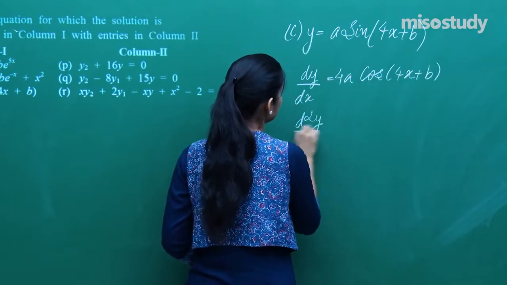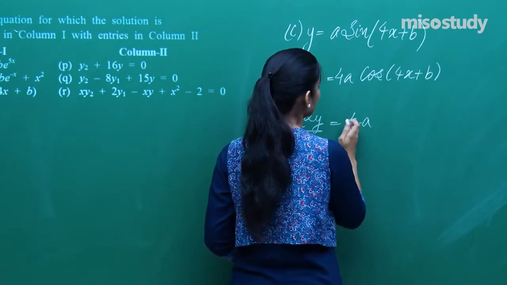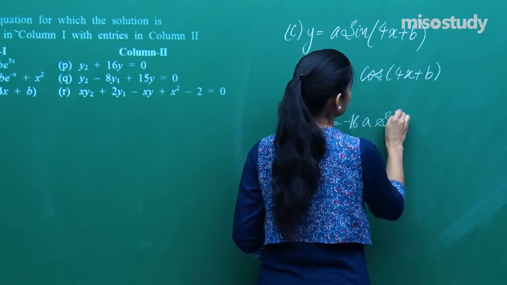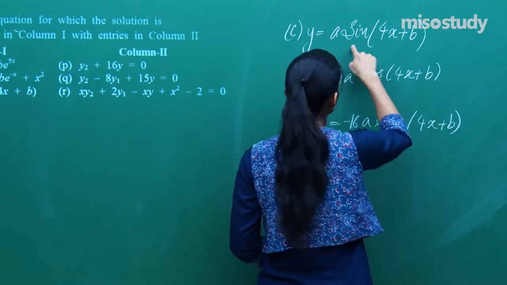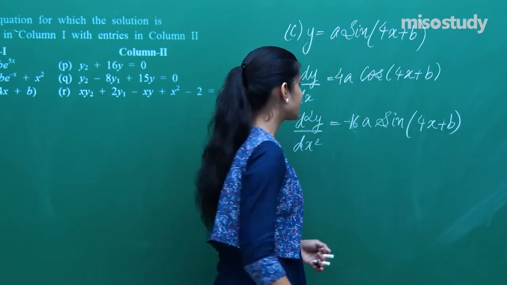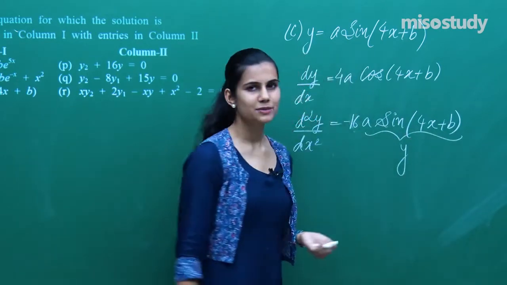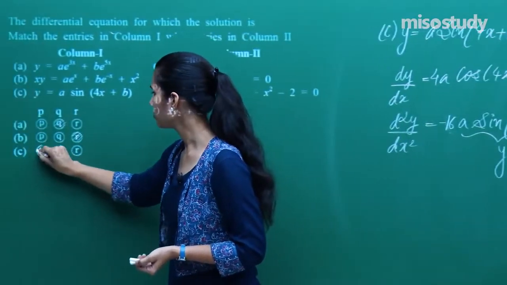Next again if you differentiate, you get 4a into 4, which is 16, and then you have minus sine (4x plus b). But a times sine (4x plus b), this much is y, so you are getting y2 equals minus 16y, or y2 plus 16y is 0.